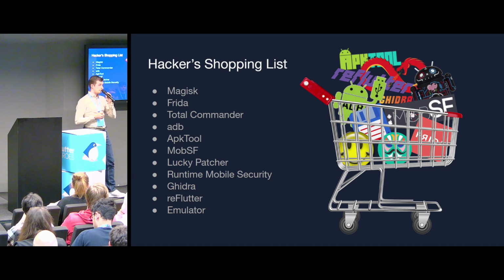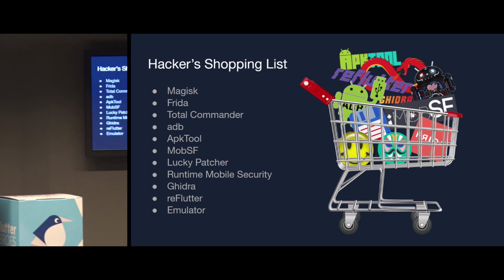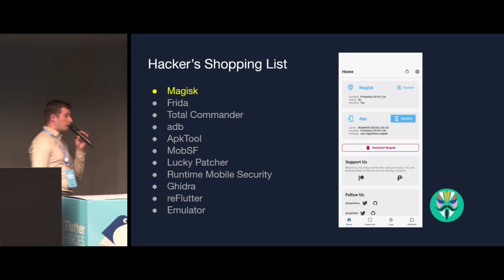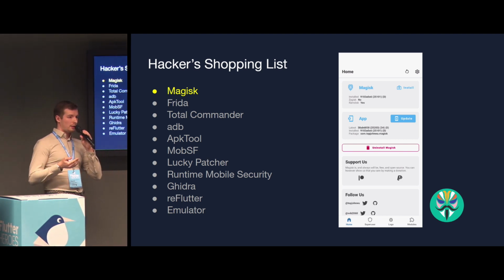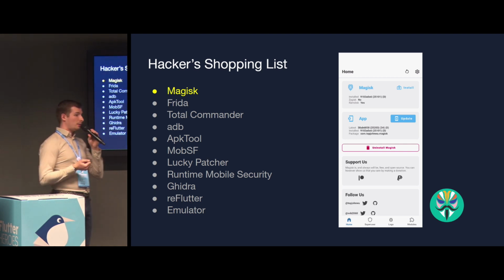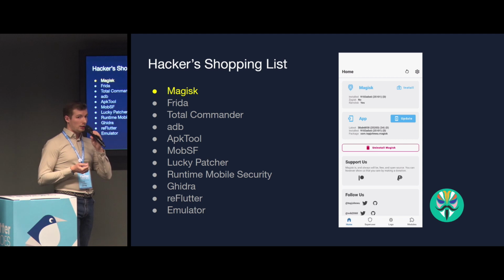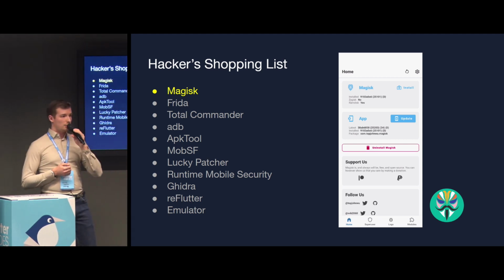Magisk is a rooting framework which will give the reverse engineer the power to be root on an Android device, and this power gives you the opportunity to inspect app internals, read whichever database is present. Basically, you can do anything if you are root, of course.